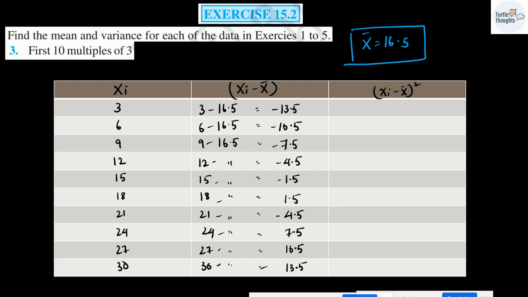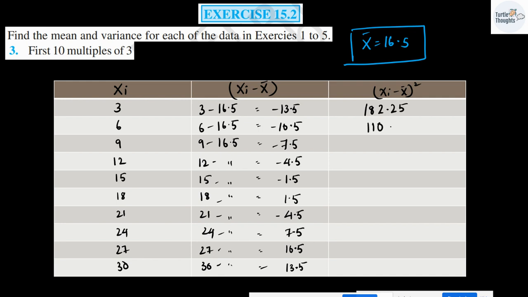Now we have to find out the square of all the values. You can use the calculator over here if it is allowed, or you can do the simple calculation as well. 13.5 square, it is nothing but 135 whole square, which is 18,225. I can write this as 182.25.